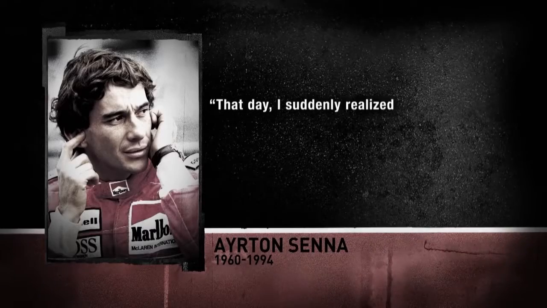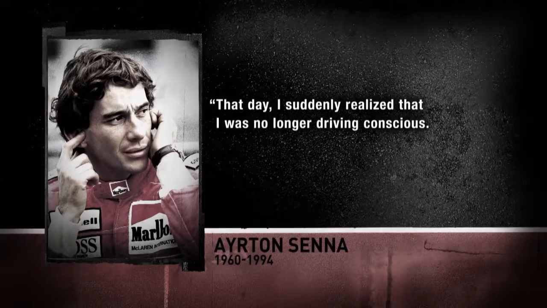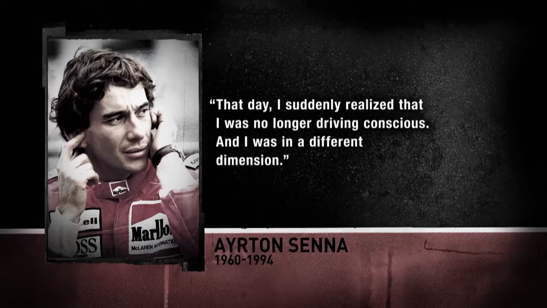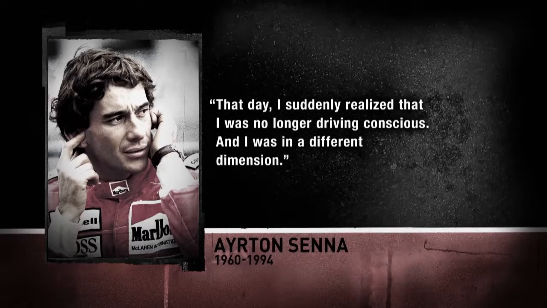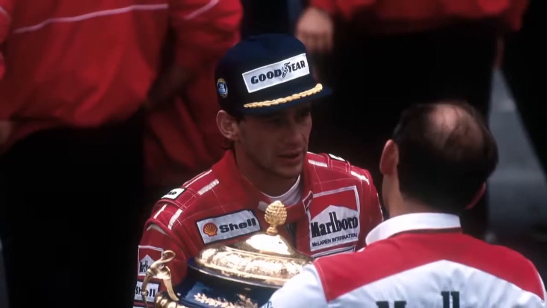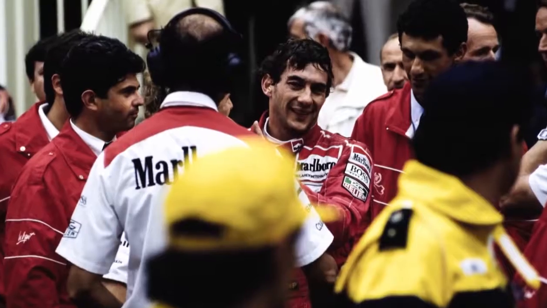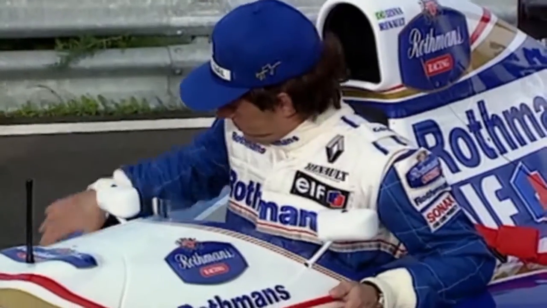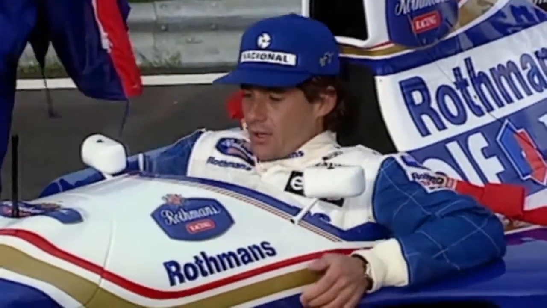"That day, I suddenly realized that I was no longer driving consciously, and I was in a different dimension," Senna said. It's also 25 years since Senna's final Monaco win in 1993, his last year with the McLaren team before switching to Williams.